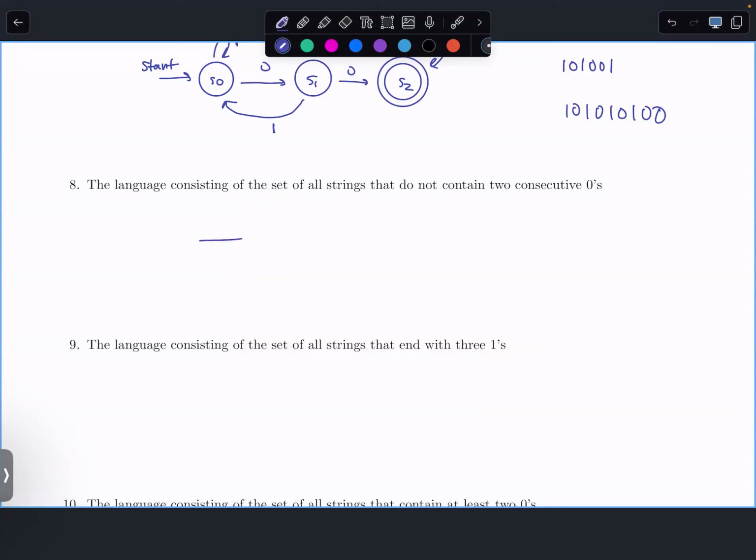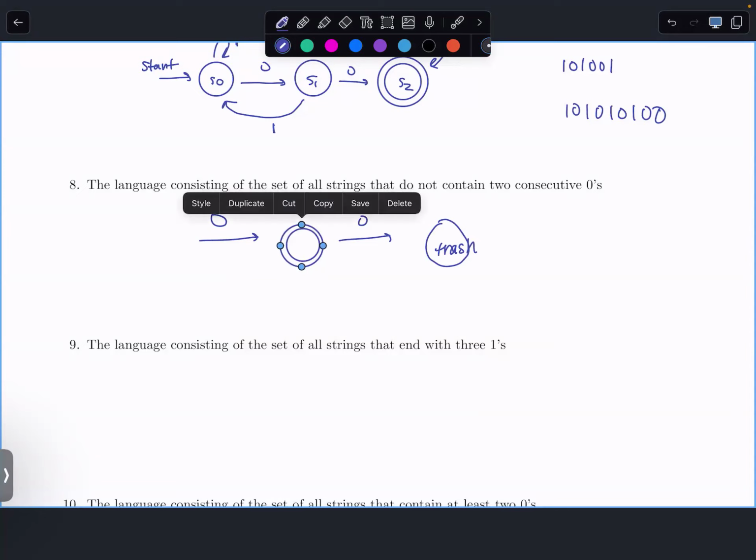If 2 zeros appear, we're in the trash, right? If just 1 0 appears, we're fine. Yes. And so whatever this would be, let's call it S1. And then we could follow that with a 1, and be fine, right?